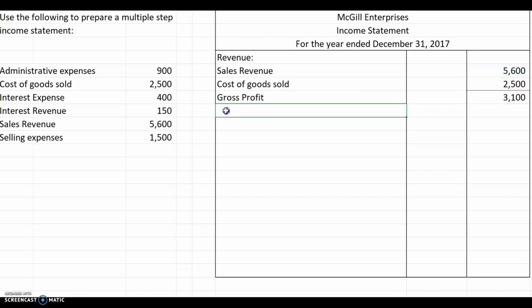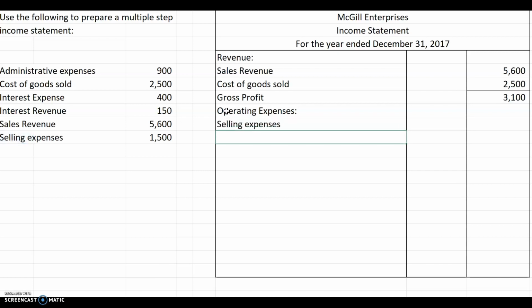Okay. So after gross profit, we show our operating expenses. For operating expenses, we have selling expenses of $1,500 and administrative expenses of $900 for McGill.